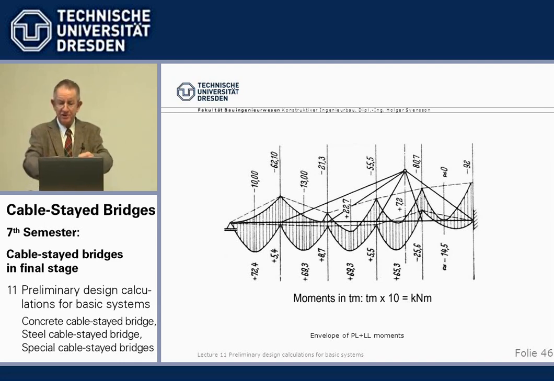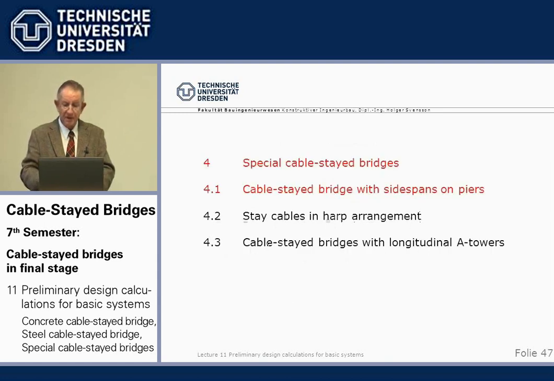So I can also recommend to you strongly, especially for this, that you read the scripts after I have told you the basic story here. Now we can go on with looking into the run of moments for some special cable-stayed steel bridges.